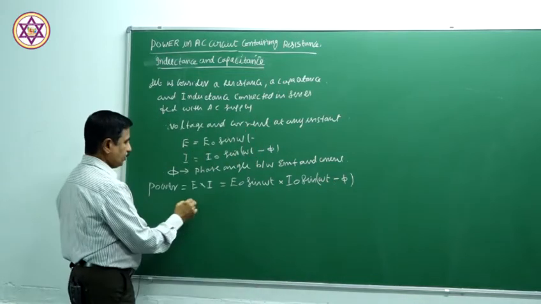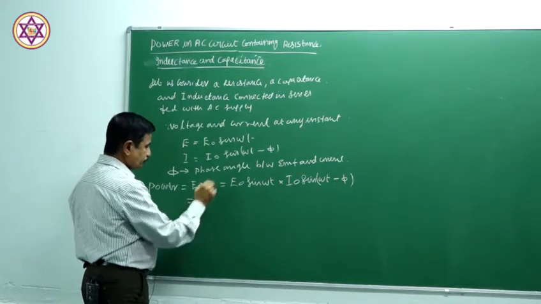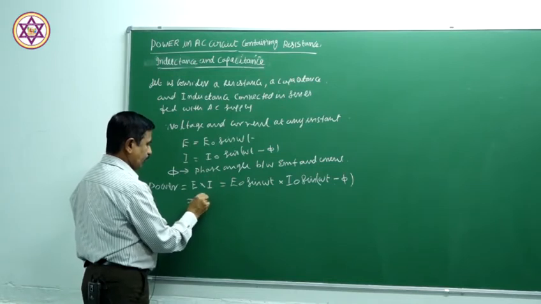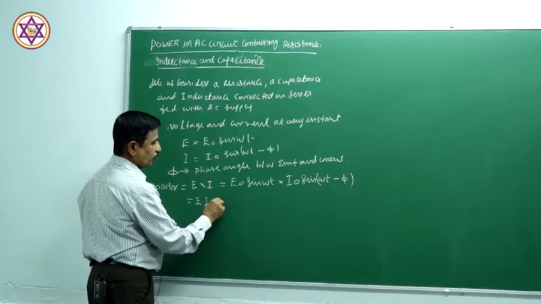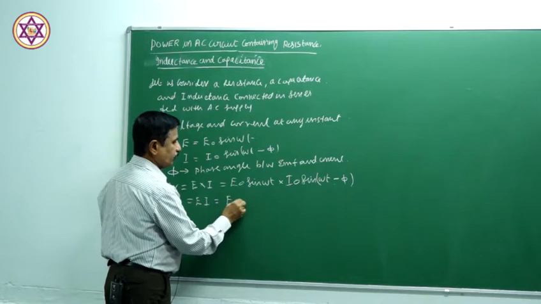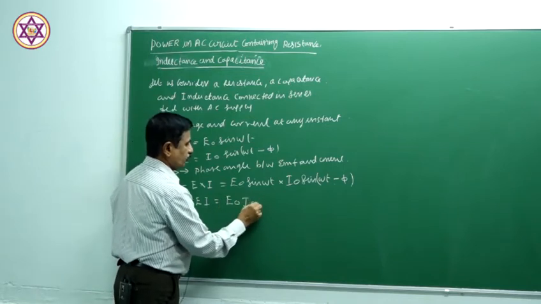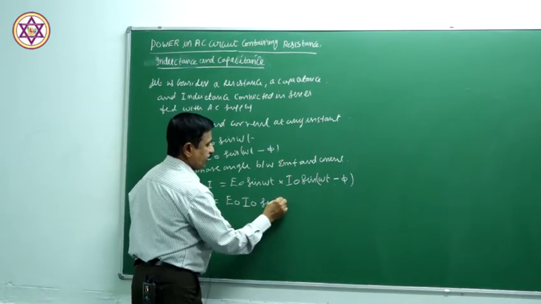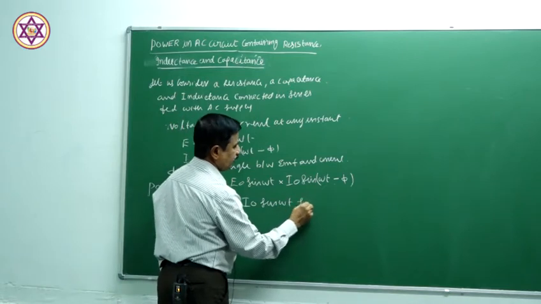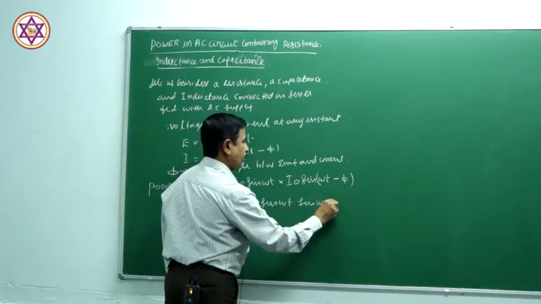Or else power is equal to E into I, that is E naught I naught sin omega t sin omega t minus phi.